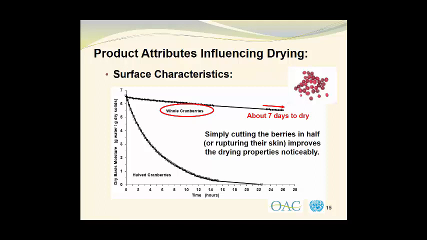Now, by simply cutting the berries in half or rupturing their skin, we can improve the drying properties noticeably. And we have the example here of cutting the cranberries in half. Once again, you can see that we have a steeper slope on the graph, and we actually end up with a drying period that takes about 20 hours.